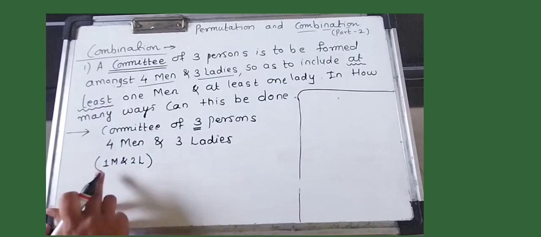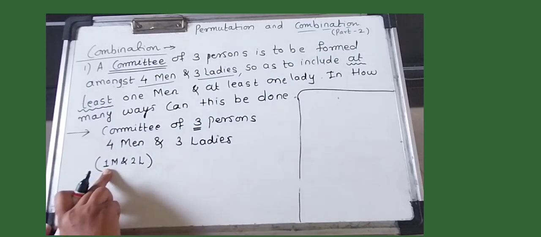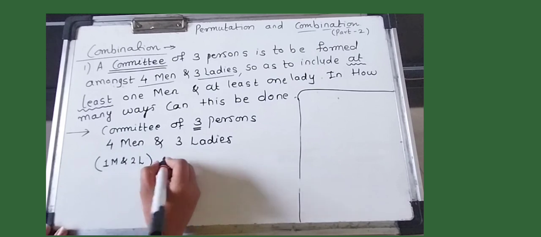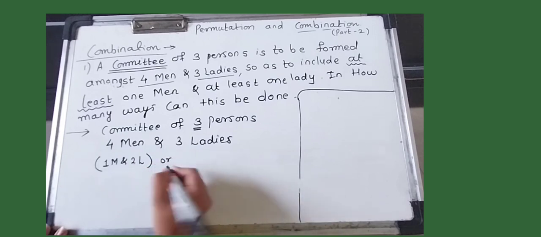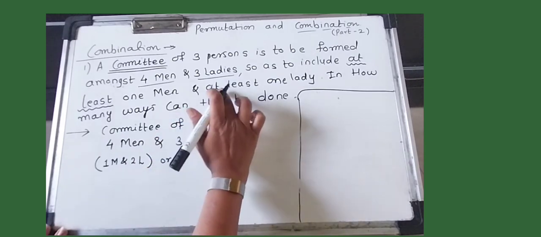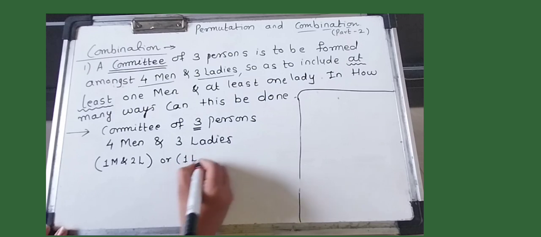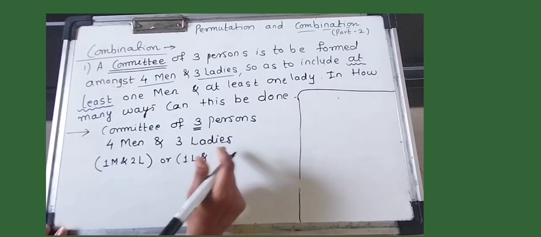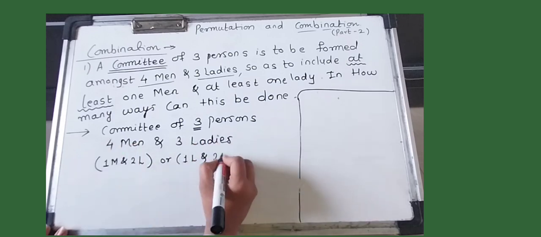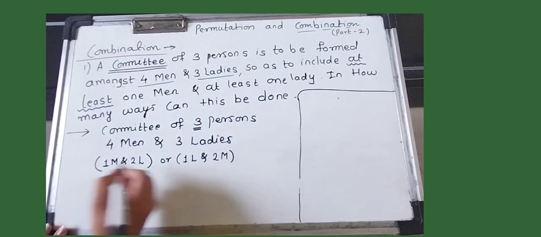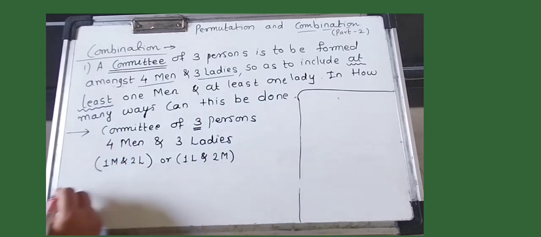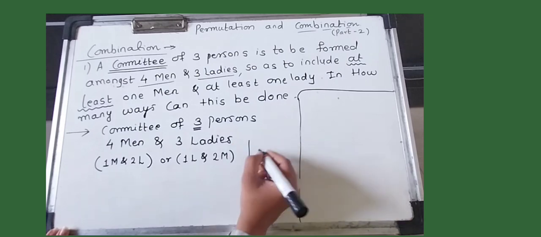Condition is fulfilled here, at least 1 man. Clear? Or at least 1 lady. 1 lady from 3, and the other condition is fulfilled from here, 2 men. Clear?